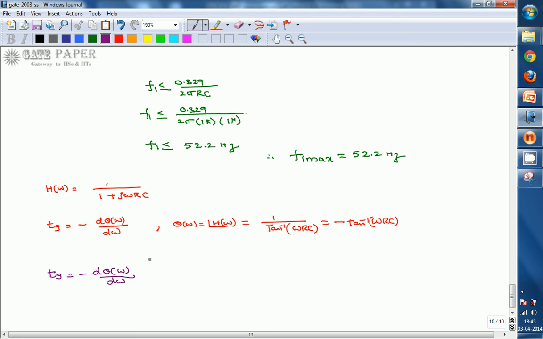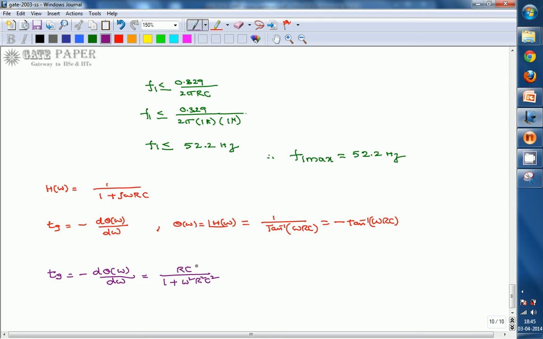We know that d by dt of tan inverse of t equals 1 by 1 plus t square. Then the same thing we are applying here, that is 1 by 1 plus omega square R square C square, and we have the constant RC.